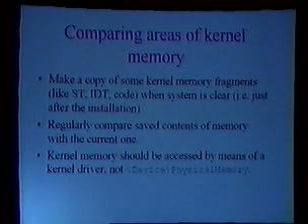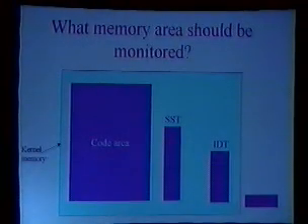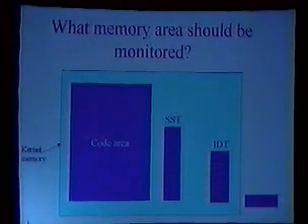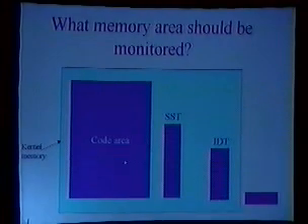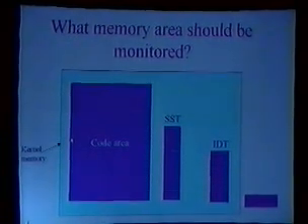So first we've got this comparing areas of kernel memory. As we said, we have to have on the CD-ROM a copy of the service table, interrupt descriptor table, and probably a code area. So only code area, not data area, because we know that code is read-only.